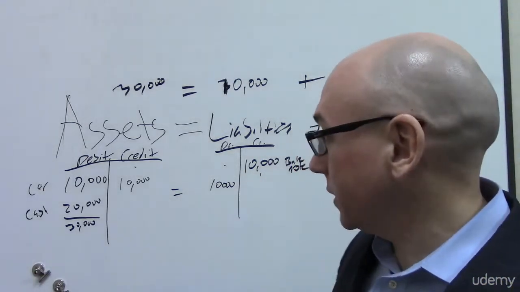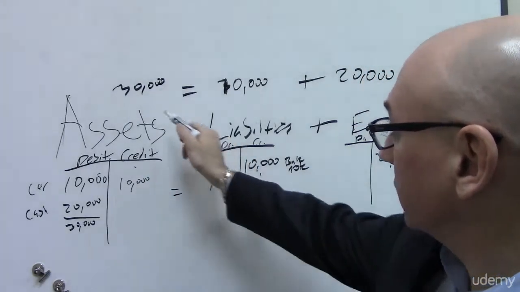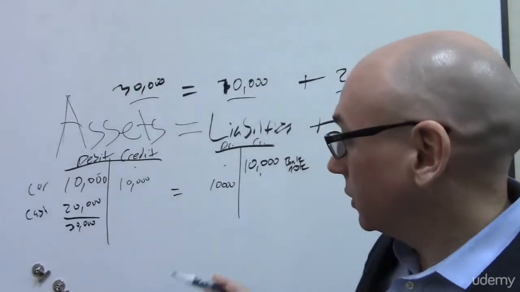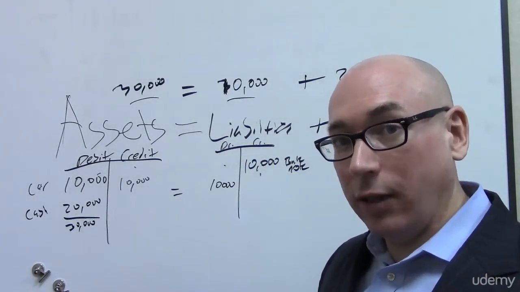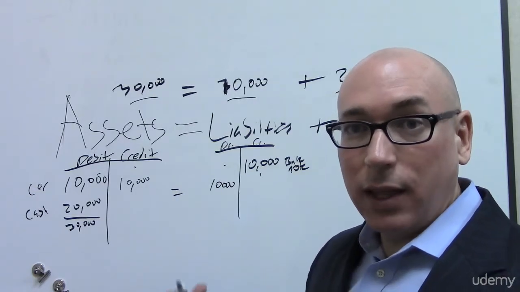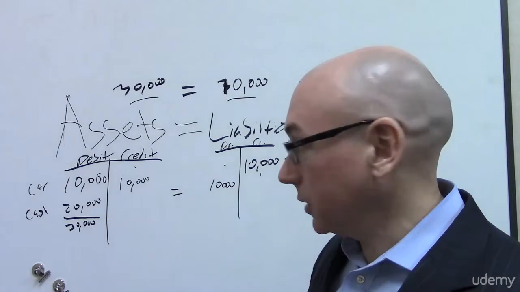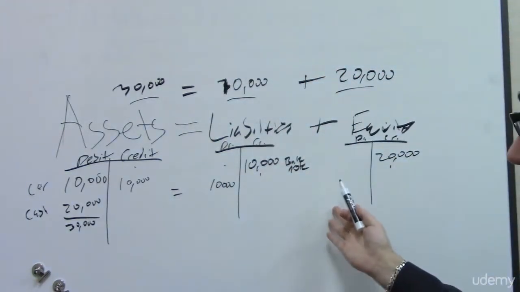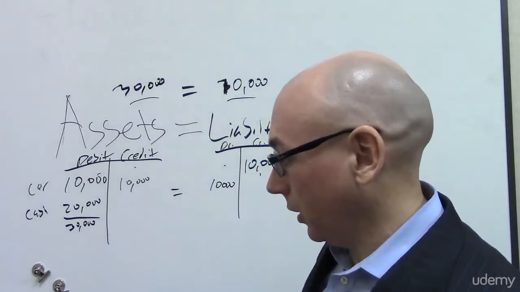It's as simple as that. The debits have to equal the credits, and this accounting equation always has to balance. So on a journal entry you always have a debit and you always have credits, and the debits are balanced to the credits. That is it. There's nothing to it.